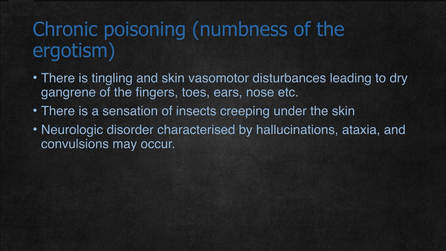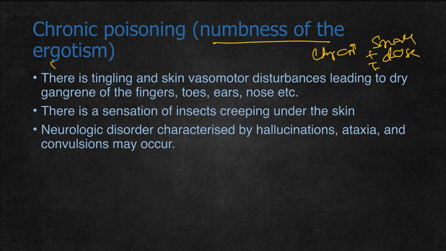Chronic poisoning usually occurs when small doses are consumed for a longer duration, adding up to larger doses. This is also known as ergotism. The patient feels tingling in the skin. There are vasomotor disturbances in the skin, leading to dry gangrene of the fingers, toes, ears, and nose.